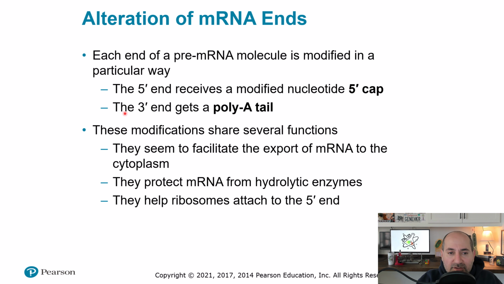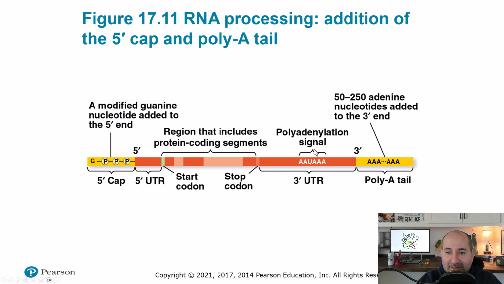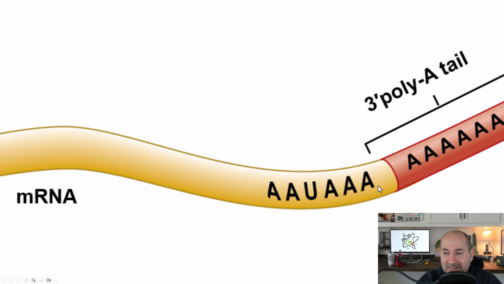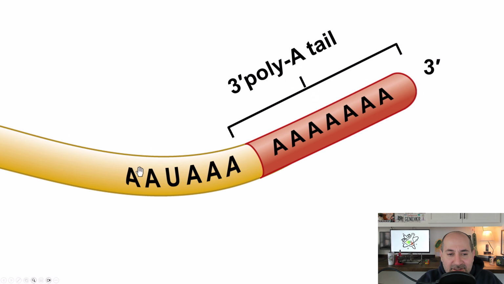Now, let's talk about the 3' end. The 3' end is a little bit more interesting. Look at this. At the 3' end, which ended here, by the way, this yellow color, the mRNA ended at this little red line right here. Now, at the 3' end of eukaryotic mRNA, there's a sequence AAUAAA, and this is known as the polyadenylation sequence.